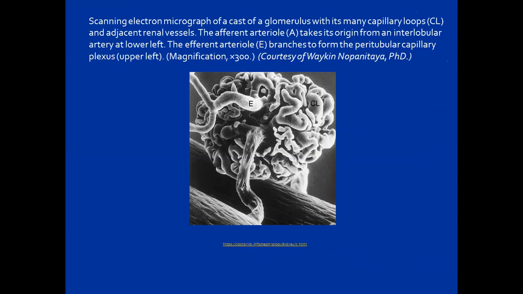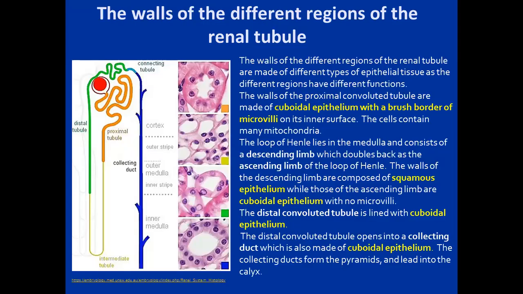And just going to do one last slide, then we'll leave it because there's no written work for you to do today. What we're going to talk about is the walls of the different regions of the tubule. Now, just like Bowman's capsule is made of a single layer of squamous epithelium, but it's a double-walled thing, so it's 2 layers. The walls of the rest of the tubule are also made of a single layer of epithelium.